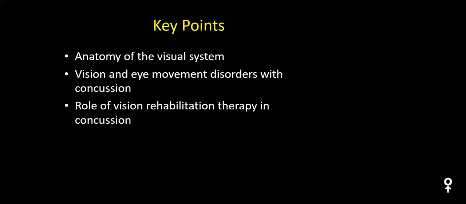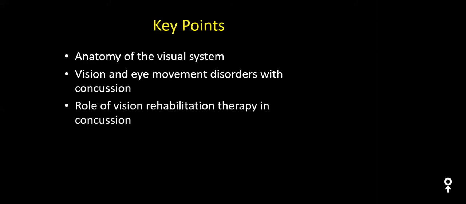So just in summary, hopefully I've been able to impress upon you the significance as it relates to vision and concussion, that the eye is part of the brain. We think of it as being literally the front door of the brain, both structurally as well as functionally. So it makes a lot of sense scientifically, anatomically, to think that if the brain is jostled in the setting of concussion, it's very, very common to have these problems with vision.